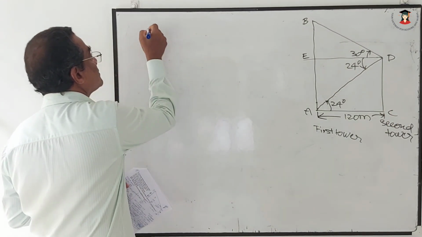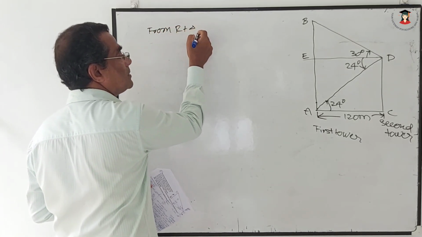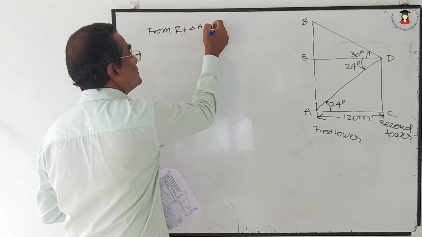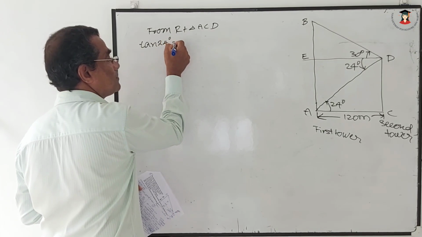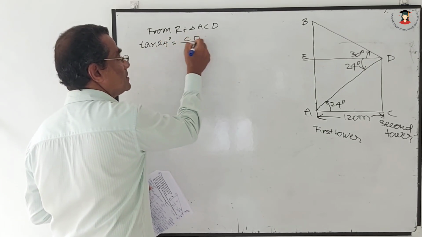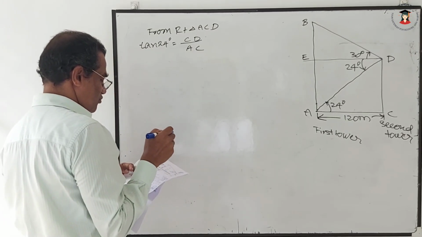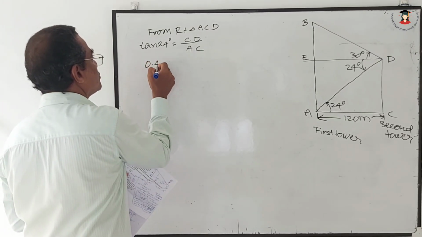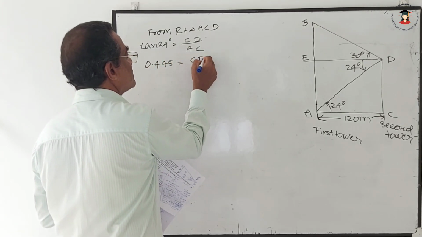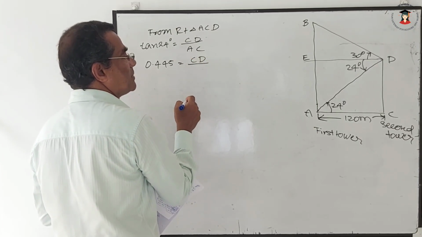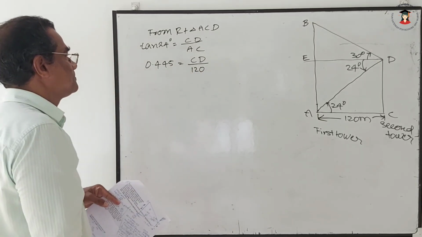So from right triangle ACD, tan 24 degree equals CD by AC. Tan 24 degree is 0.445. 0.445 equals CD, the height of the second tower, divided by AC, which is the distance between the two towers.